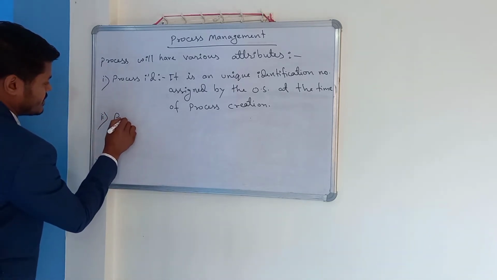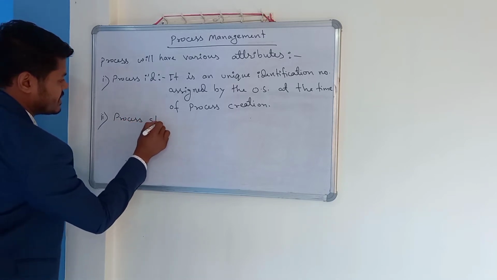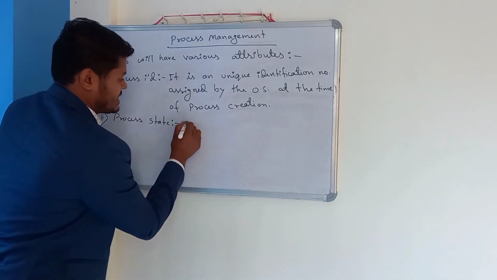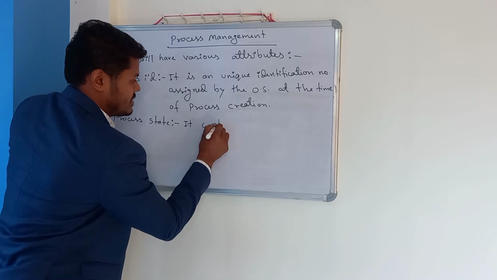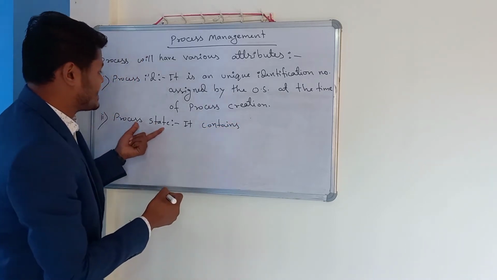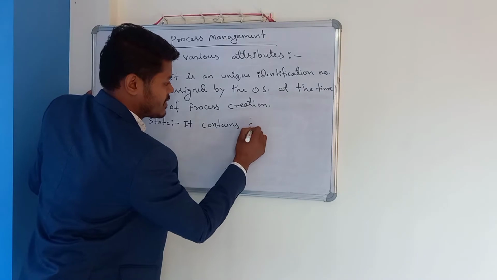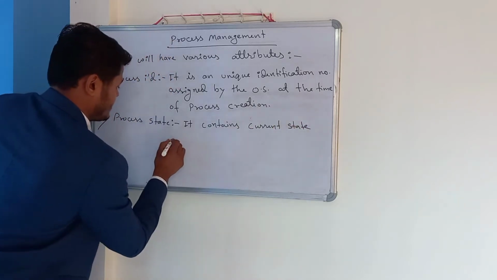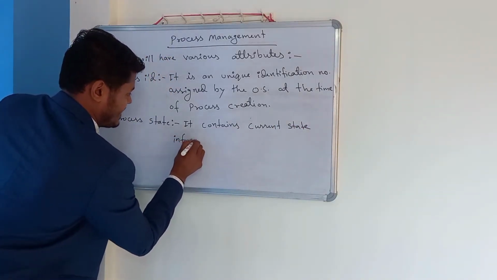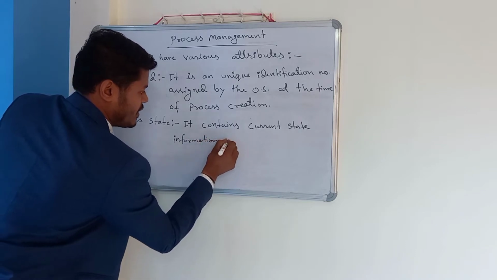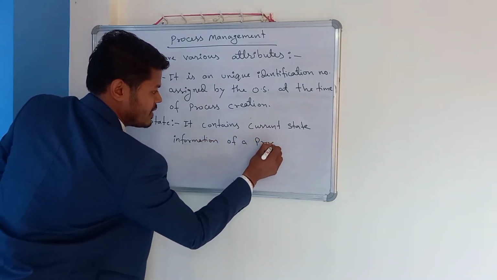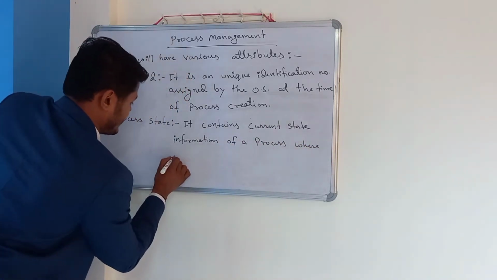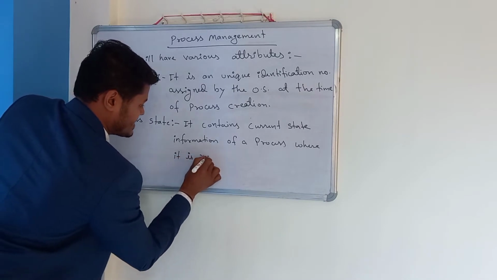Next attribute is process state. It contains the current state information of a process, where it is residing.